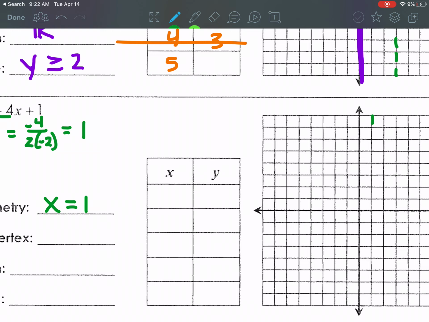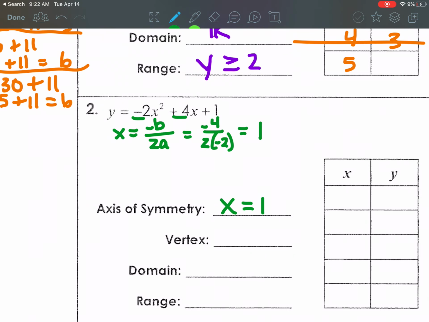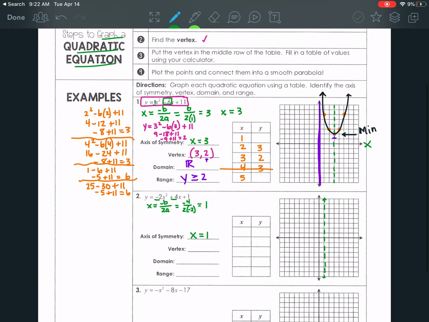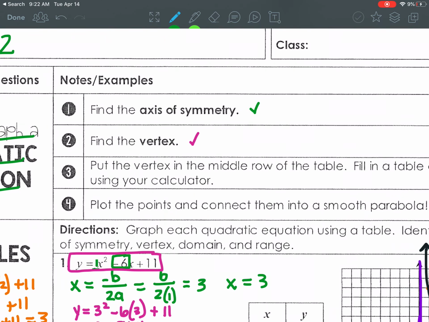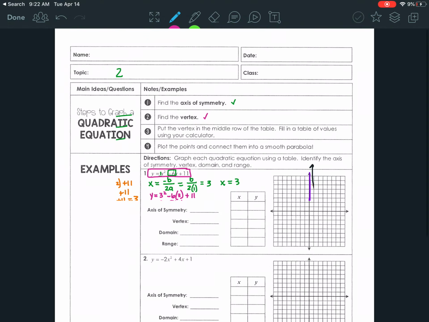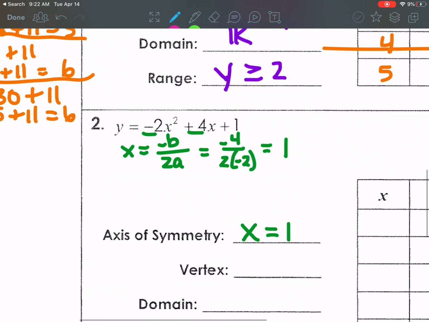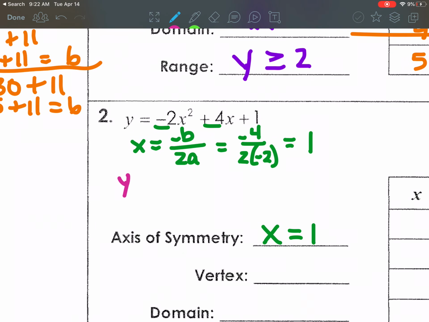So I'll come over to the graph, x equals 1. Remember, these are always vertical lines. Here's our axis of symmetry. Okay. Step 2, up here then, find the vertex. So we're going to take x equals 1, plug it into our equation.